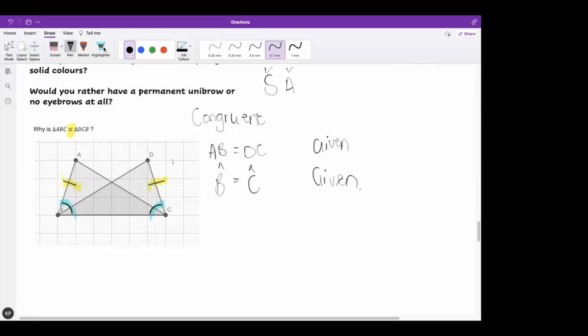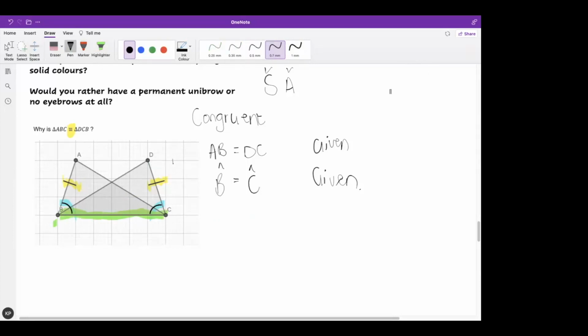Anyone see it? They share a side. Look at that side. If that side is on both triangles, then what do we say? What's my reason? BC is equal to BC because it is a common side.